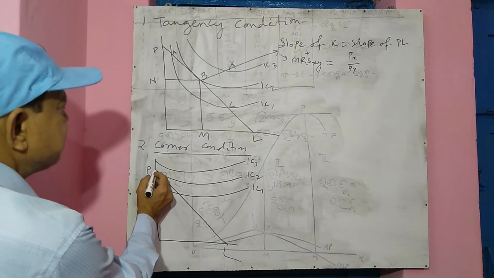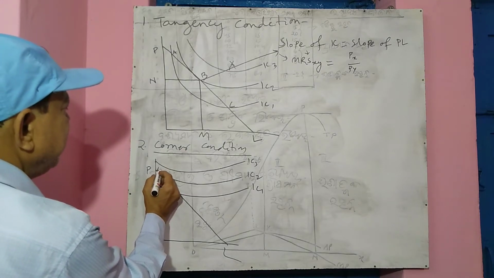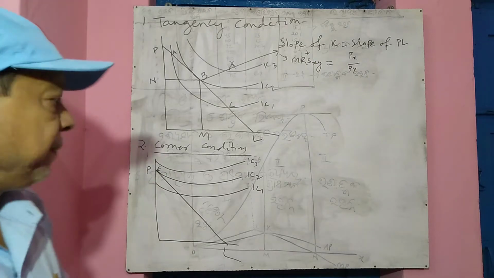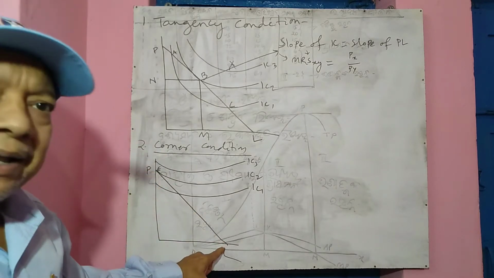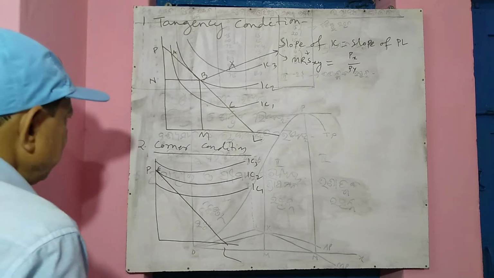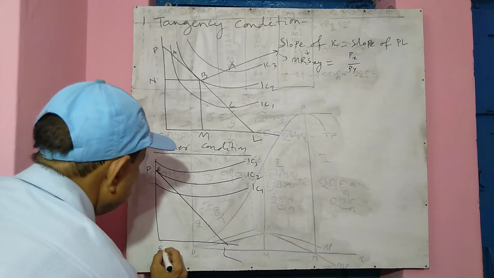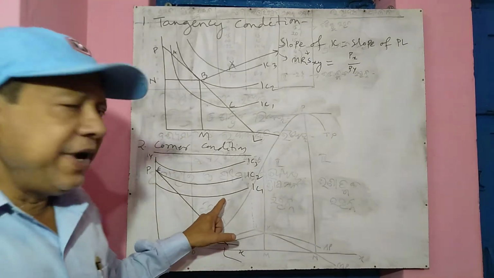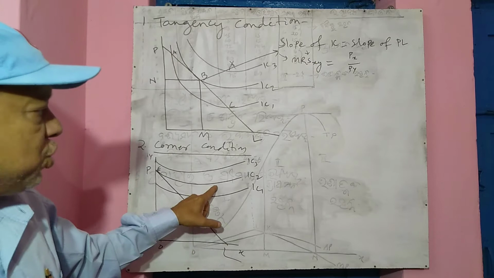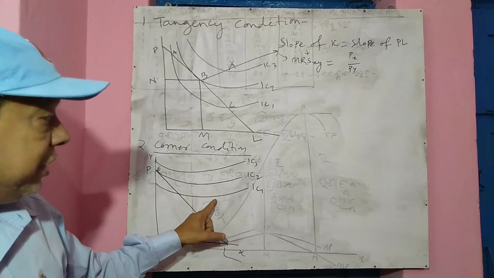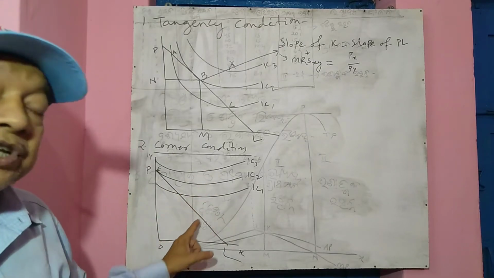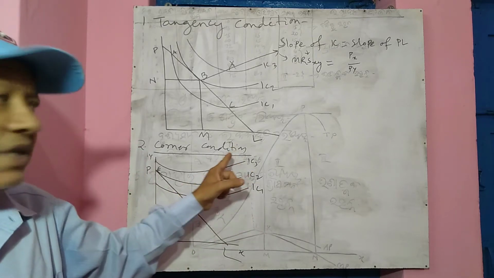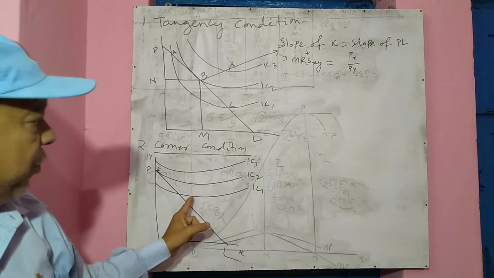Let's say this point is E. You see the diagram? Price line is PL. You can give the names OX, OY. And we have 3 indifference curves, IC1, IC2, IC3. You see here, all the indifference curves are convex to the origin.